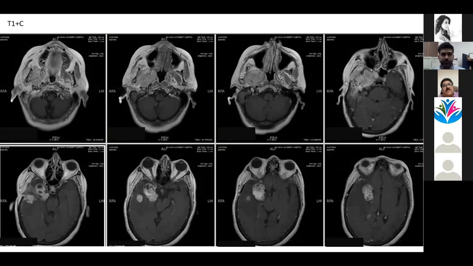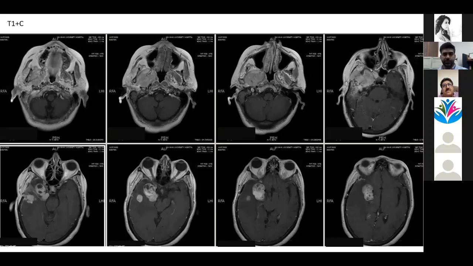So there are cranial nerves which pass through the same neural foramina and the cavernous sinus. This is a very critical field in which all the important nerves supplying the face, orbits and extraocular muscles are present.